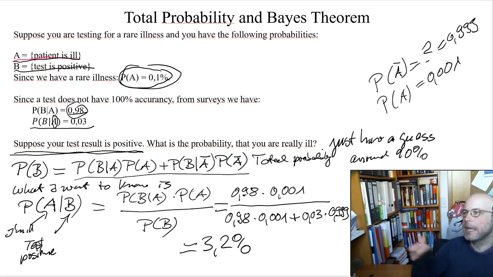And this you really have to keep in mind if we are dealing with conditional probabilities, and especially if we deal with very small probabilities of an event.